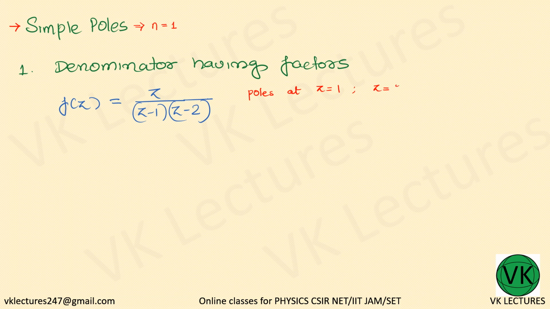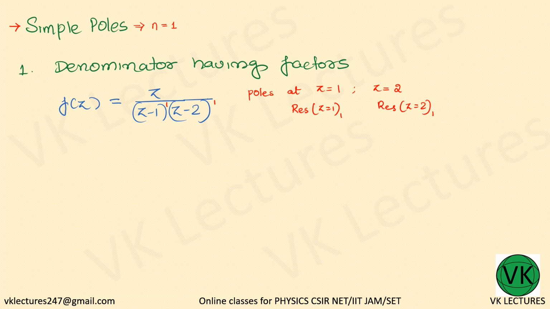We need to find the residue at z equal to 1 and at z equal to 2. The order of both z minus 1 and z minus 2 is 1, so the residue is of order 1.